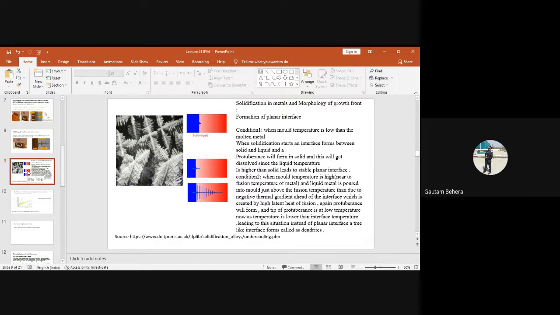And due to solute rejection, the concentration of solute is not the same everywhere in the solid. Somewhere it is high, somewhere it is low. So the property will not be good, obviously. Unless the distribution of solute is the same everywhere, you cannot get the same kind of property. The strength may be high somewhere, low somewhere, or any other properties I am talking about. It will be different, right?